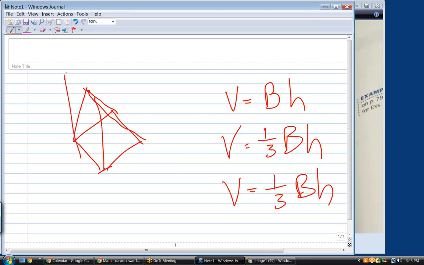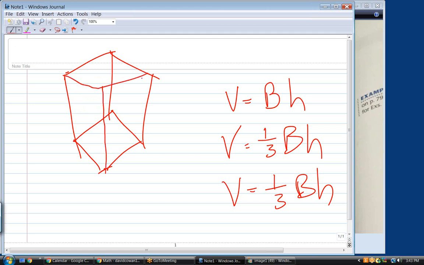In other words, if this went straight up like that, the volume would be the area of the base times the height. It would be a prism, right? If I had an object that was like a rectangular brick here, I would take the area of the base, multiply it by the height.